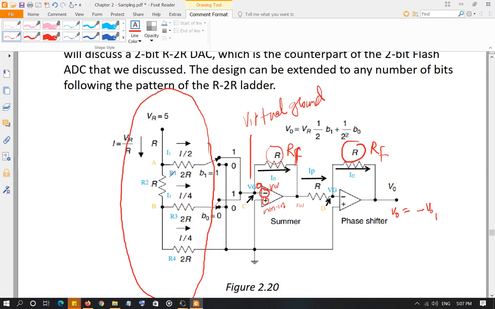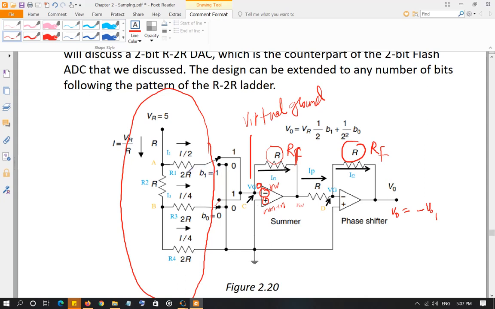And then since I have 2R, which is the parallel combination of R2 plus R3 in parallel with R4, that 2R and this R1, which is also 2R, are going to be in parallel with each other again, because both are connected between A and either virtual ground or actual ground.